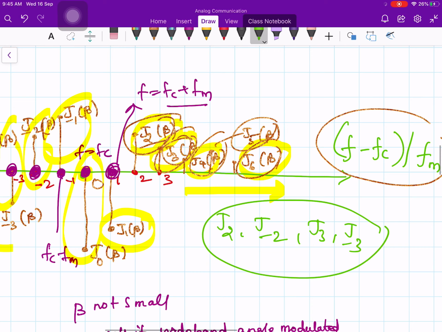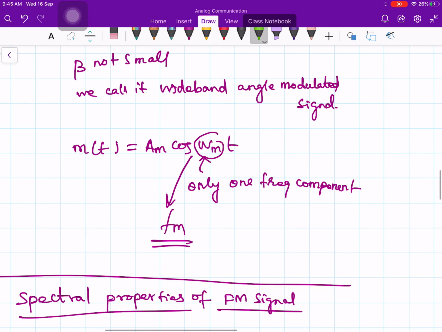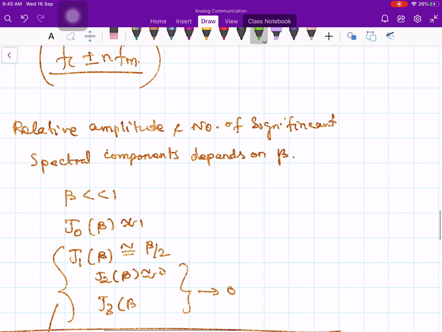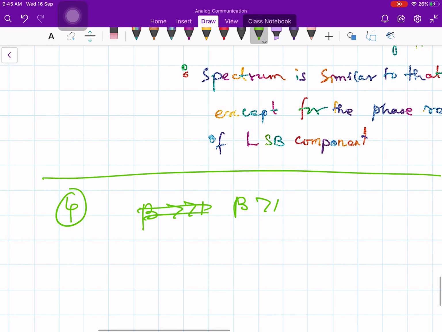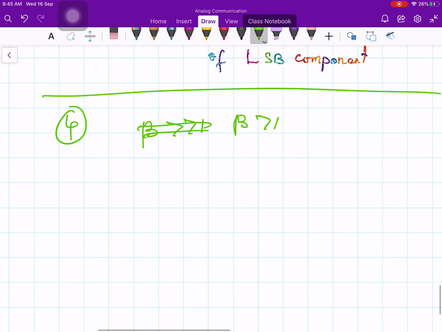They have a significant amount of energy. In that case you cannot disregard them. Therefore when beta is large, the number of spectral components is very large, and such a signal is said to be a wideband signal, or wideband FM, or wideband PM. This implies large bandwidth.